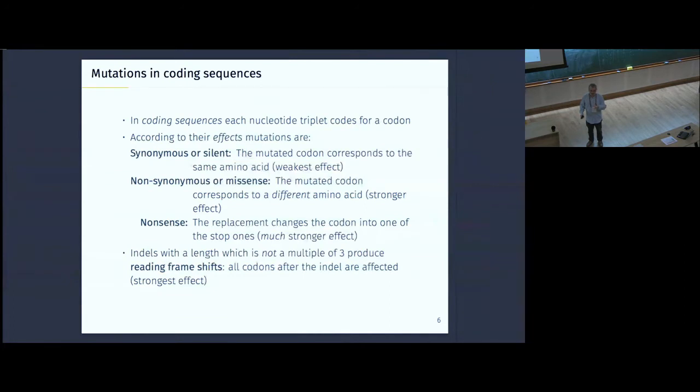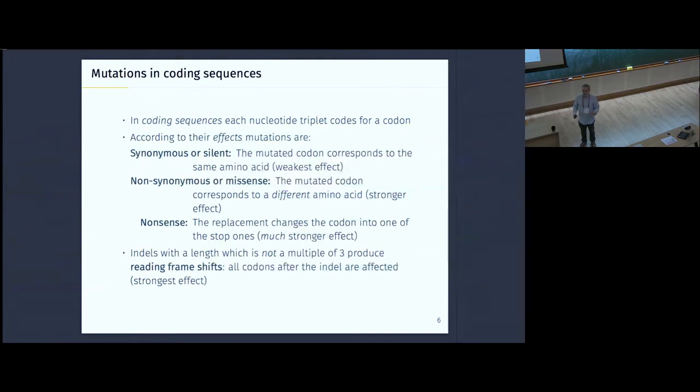We know that the amino acids are read codon by codon, that is by sequences of 3 consecutive nucleotides. So if you shift your frame, then in general the sequence will produce a completely different sequence of amino acids. And this has usually a very strong effect.